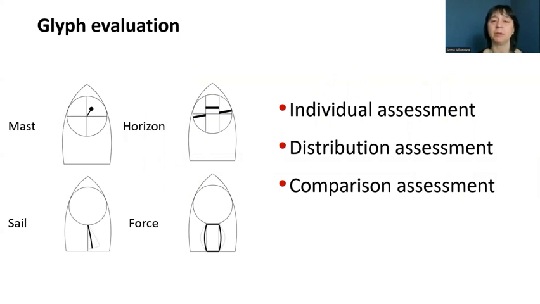One is the individual assessment of the glyph itself, so how good a user is able to identify the values themselves. Also, we evaluated the summary glyph about the distributions, whether the distributions were recognized, and also one of the tasks is about comparison. So how easy it was to compare the glyphs and how easy it was to detect differences between the glyphs.